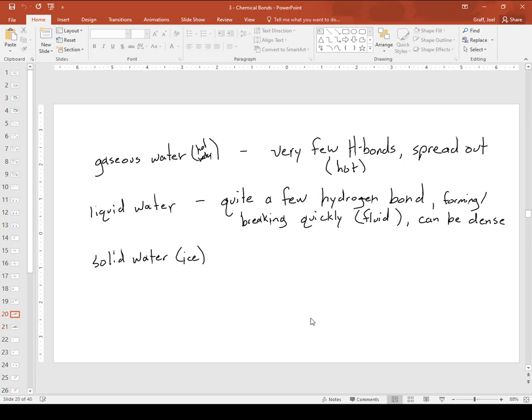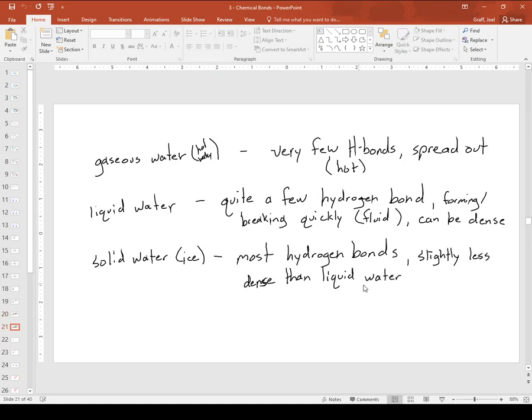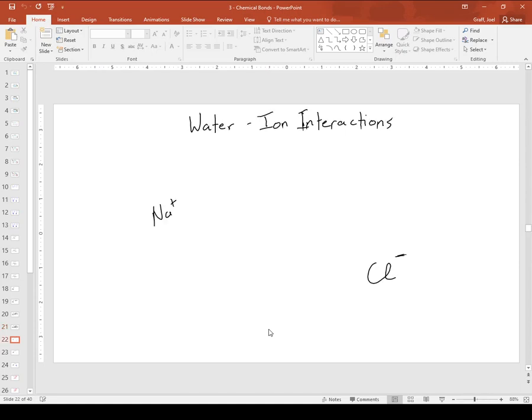The reason for that is that the hydrogen bonds have a specific distance they like to maintain, and if you have everything in hydrogen bonds, they're basically spreading out from each other in a very regular pattern, whereas with liquid water, the water molecules are moving around and don't always maintain that spaced out pattern you see with ice. Moving on, now we talked about water-water interactions, but what if we put some ions in some water?